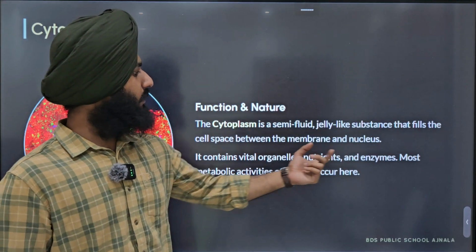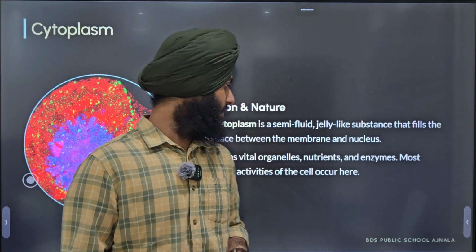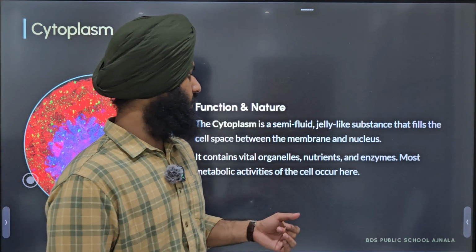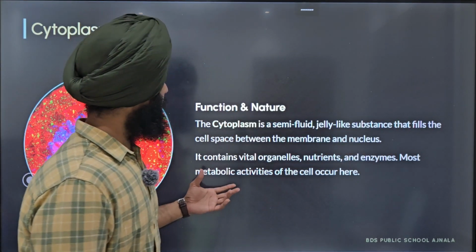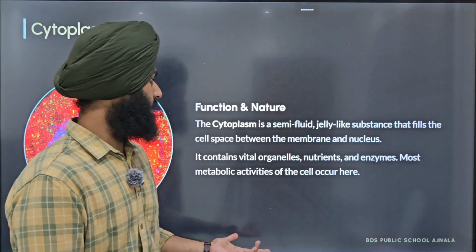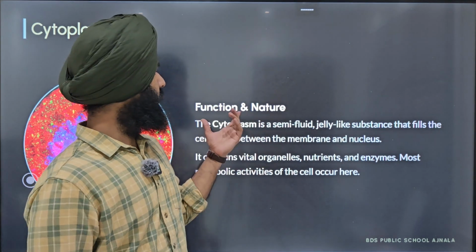It contains enzymes which help with the digestion and the waste disposal of the materials present within the cell. Most of the metabolic activities, taking in a nutrient and taking the waste out, happen over here only, within the cytoplasm of the cell.